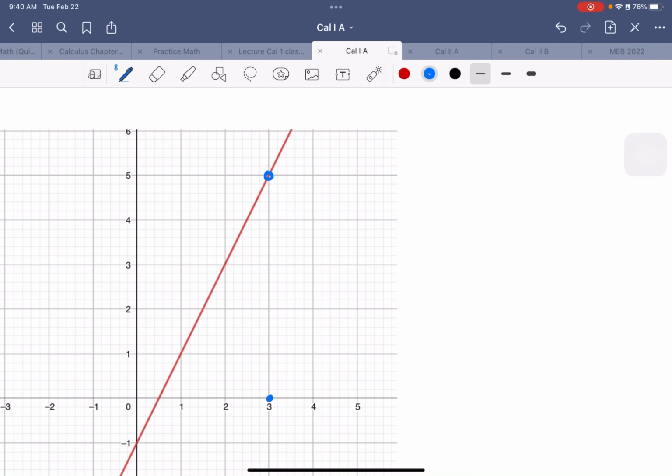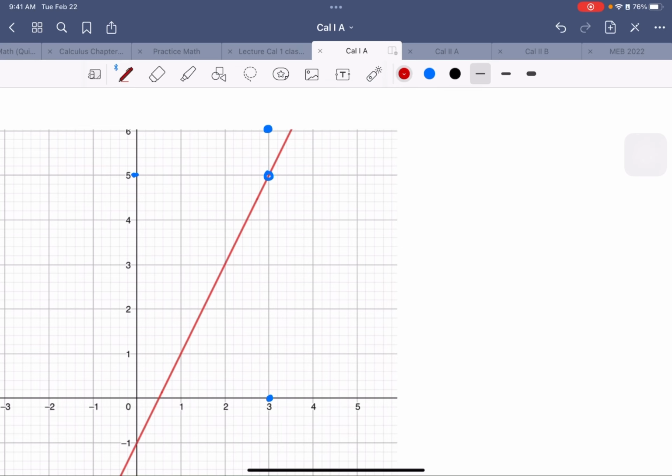And then it has some number there, 6. Where is 6? Oh, 6 is here. And 5 is here.